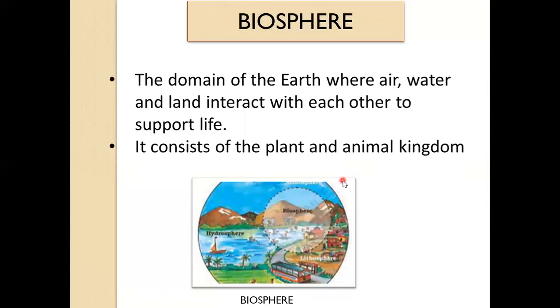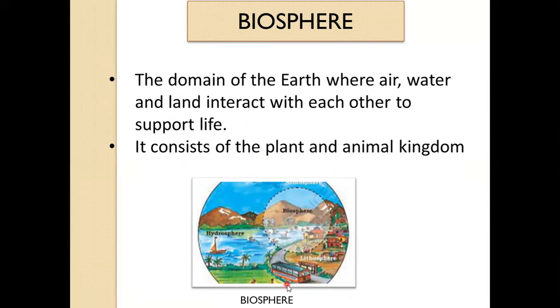Next point, it is biosphere. The biosphere is the domain of Earth where the lithosphere, hydrosphere, and atmosphere interact with each other. All of them become one and form this domain so that life can be formed. Only this part of the Earth supports life.